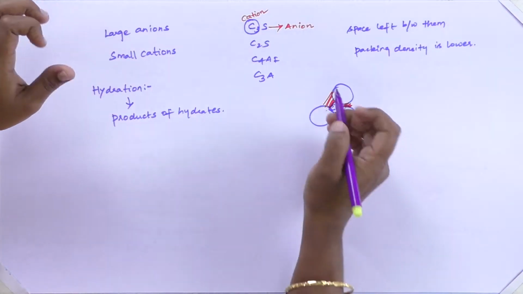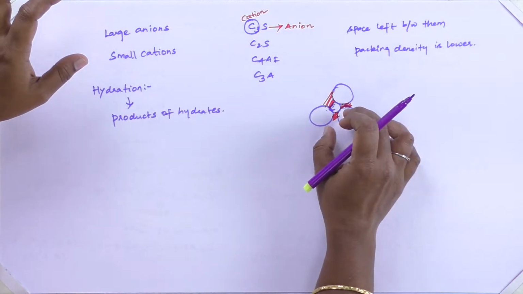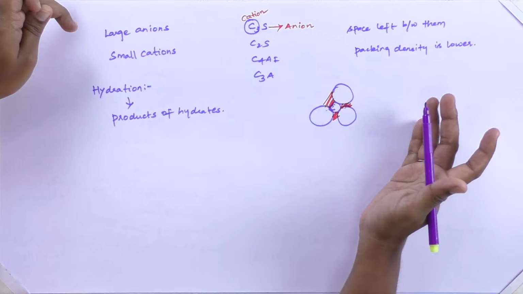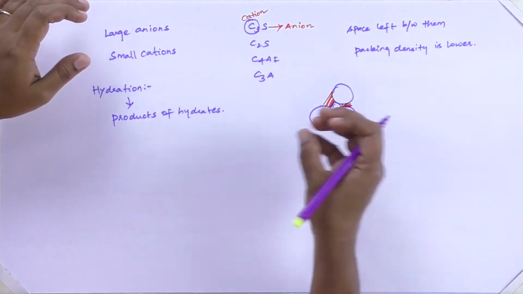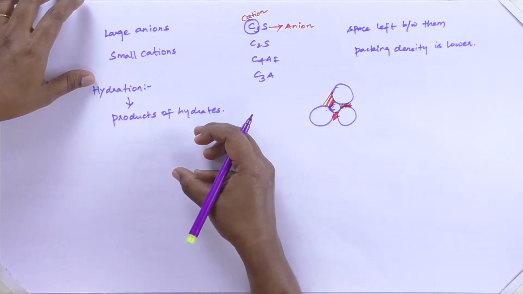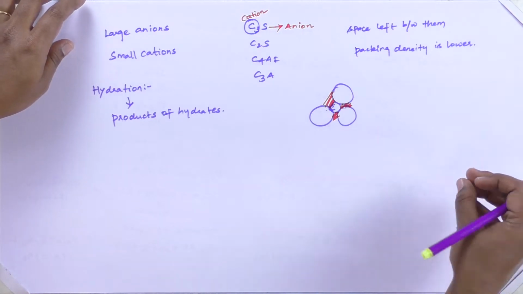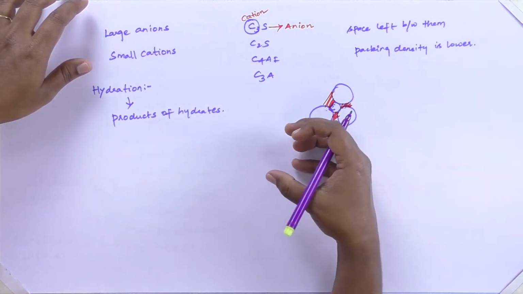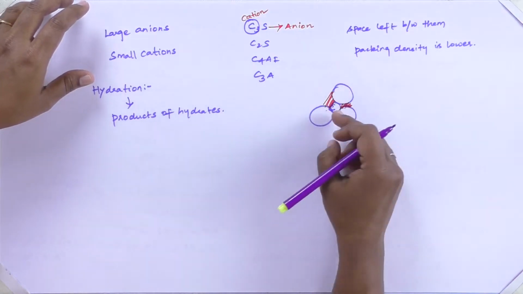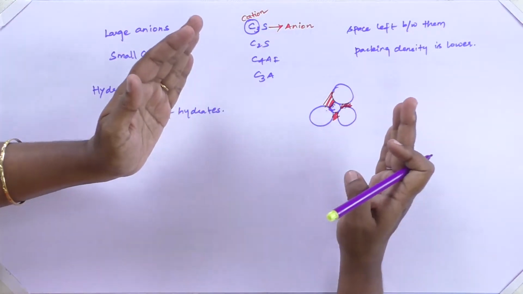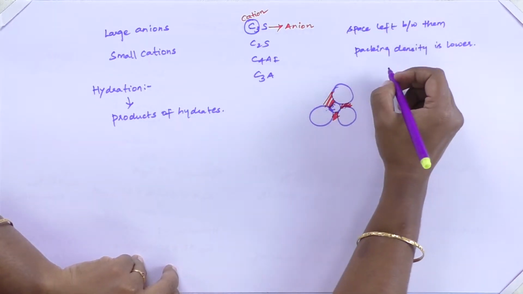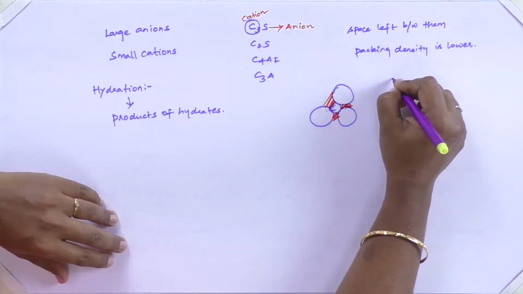This is how the small size cation is artificially enlarged to a large size cation by incorporating the water of crystallization. That is, when reacted with water, it takes up the water of crystallization and gets artificially enhanced to a larger size to achieve this packing density.